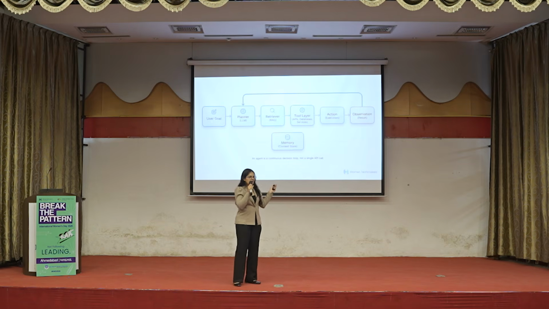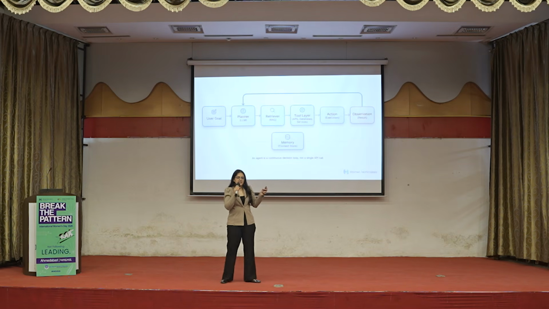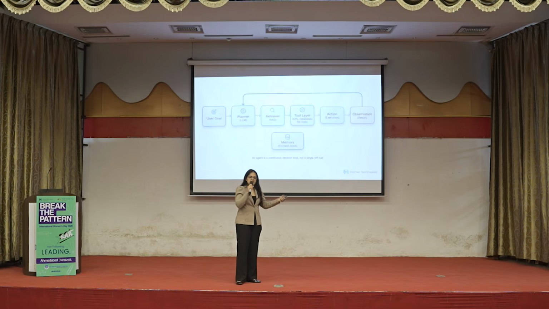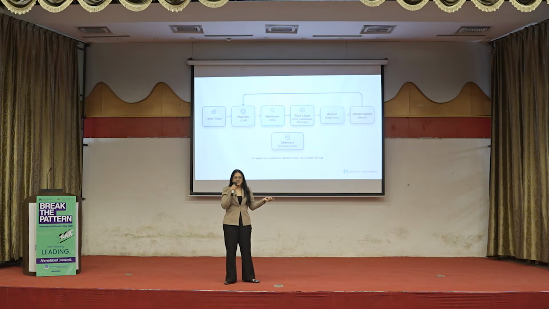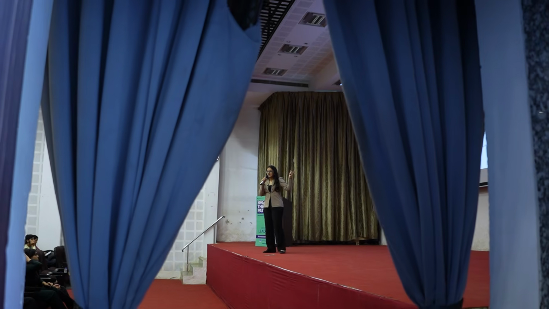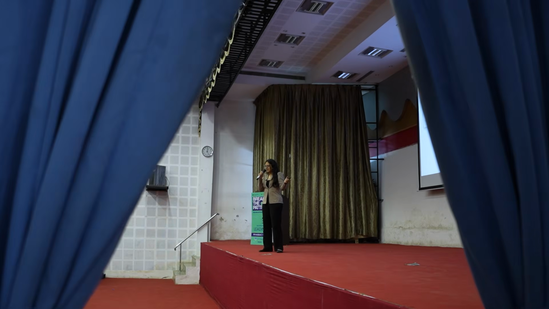Let me give you one example. Say I want to build an agentic AI system for PR reviews, pull request reviews. Everyone knows that in the software industry there are a bunch of PRs. So we can ask a question like, I want to review this PR.